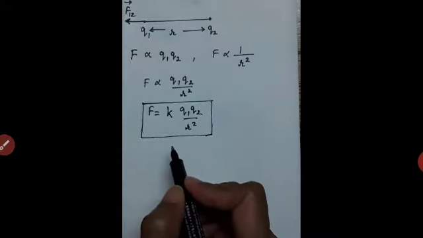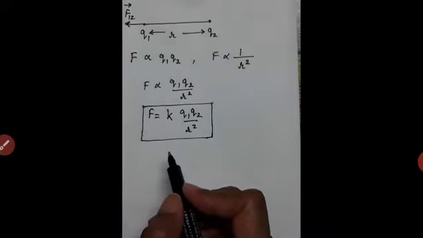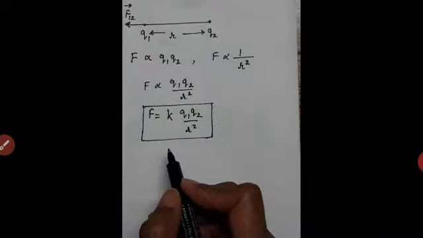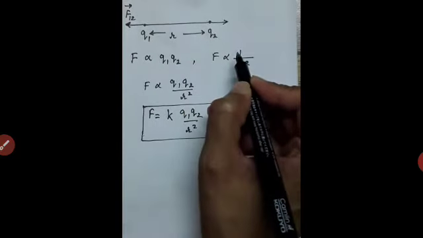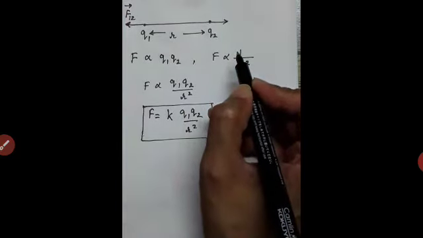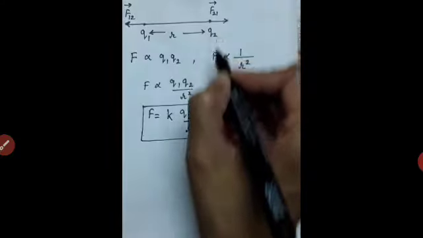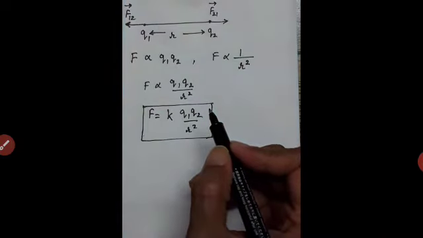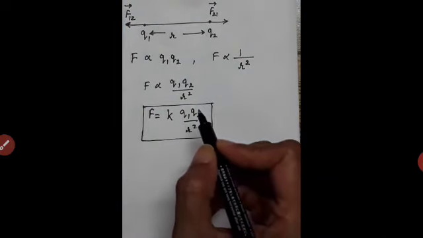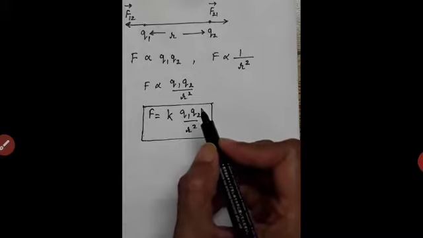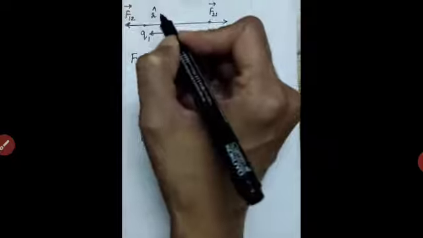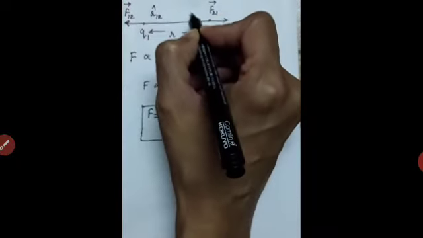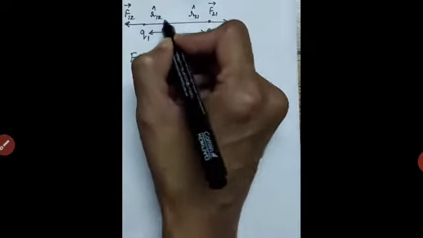We read it as force acting on charge 1 due to charge 2. Similarly, the force acting on Q2 will be outward because we have taken like charges, thus forces are repulsive. Here, the force is F21, that is force acting on charge Q2 due to Q1. The distances in terms of vectors are written as unit vector r12 or unit vector r21.